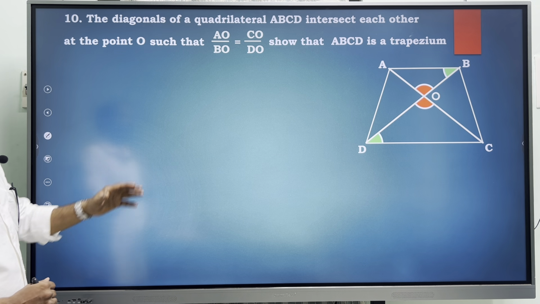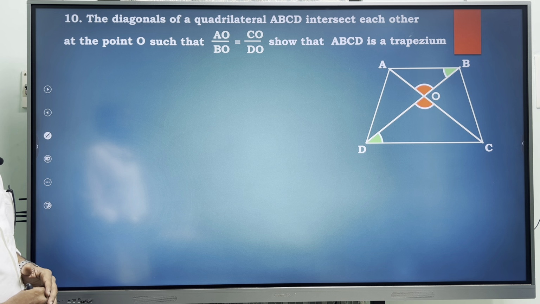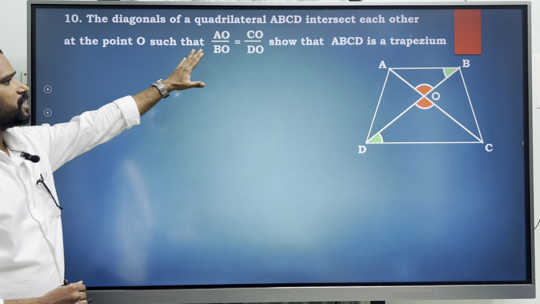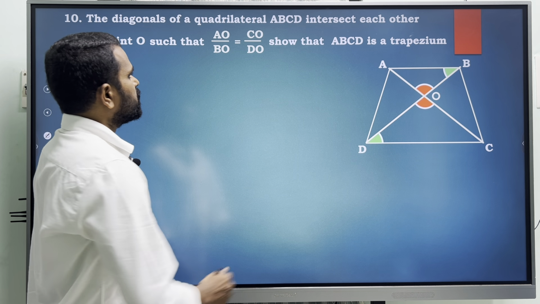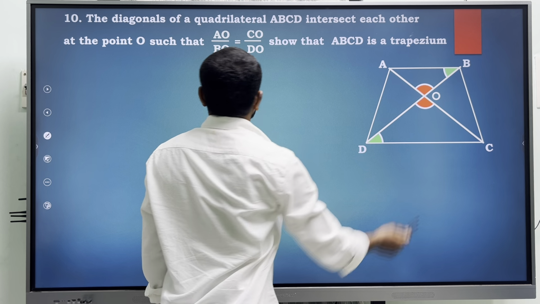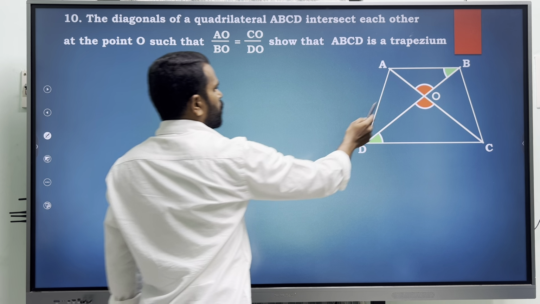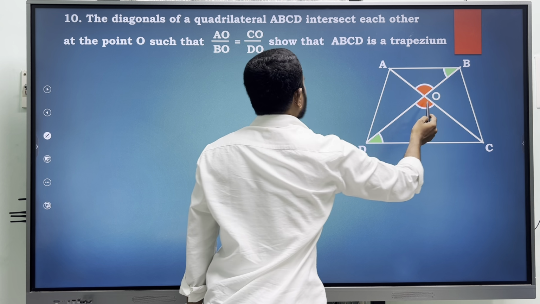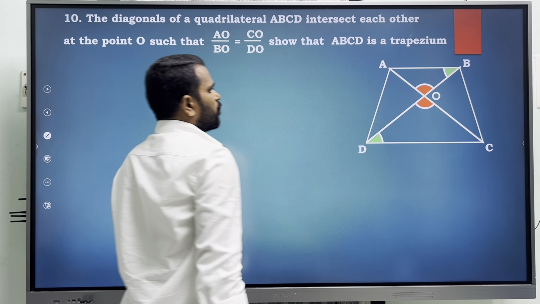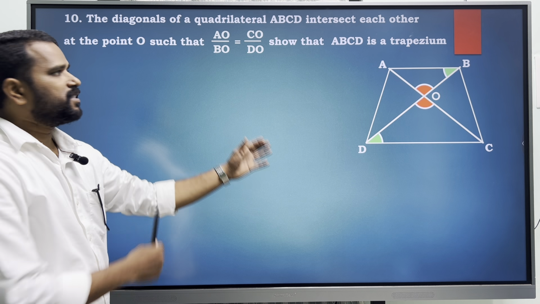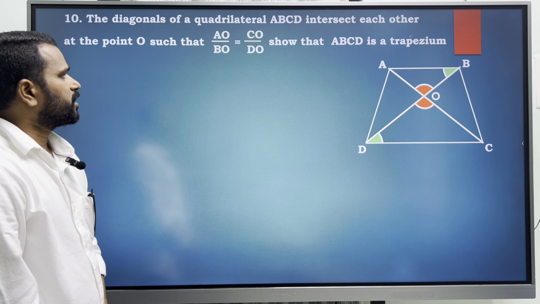So the 10th question of exercise 6.2 of the triangles chapter. See, the diagonals of a quadrilateral ABCD intersect each other at the point O, such that AO by BO equals CO by DO. So trapezium means it has to be like that.